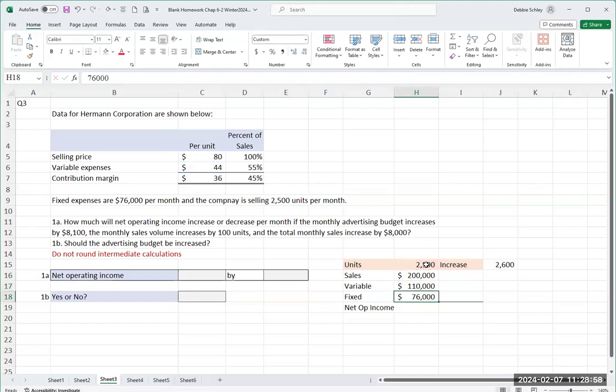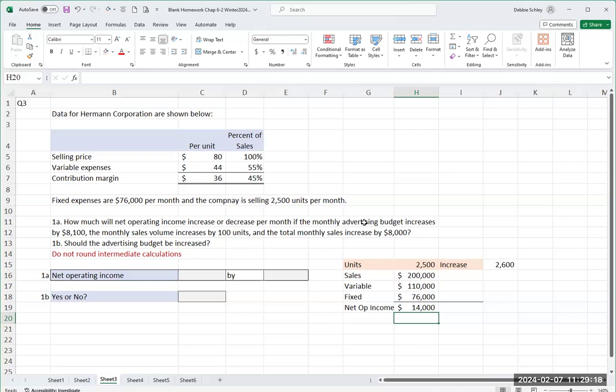This is the original units, right? We're not doing the change yet. We're just doing the original. And then net operating income is sales minus variable minus fixed. So there's my original net operating income. Now I can figure out the changes.